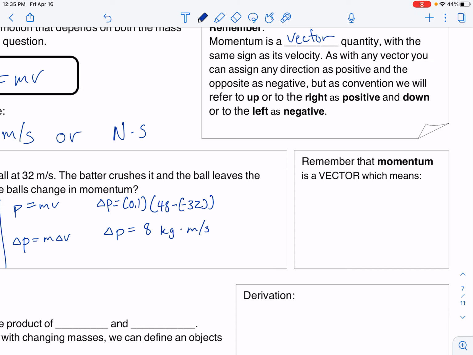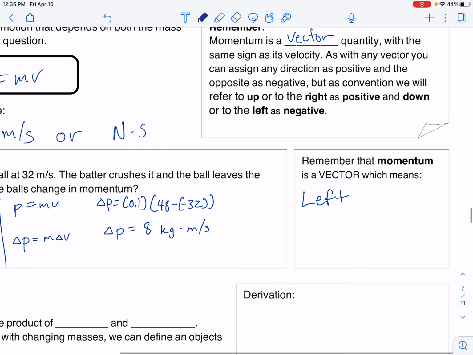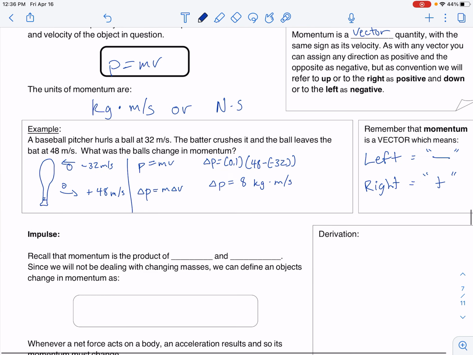Typically, you can change this, but for the purpose of this class, unless stated otherwise, when things are moving left, we're going to say that they are negative, and when they're moving right, we'll indicate that they are positive. Now, notice that there was a change in momentum.